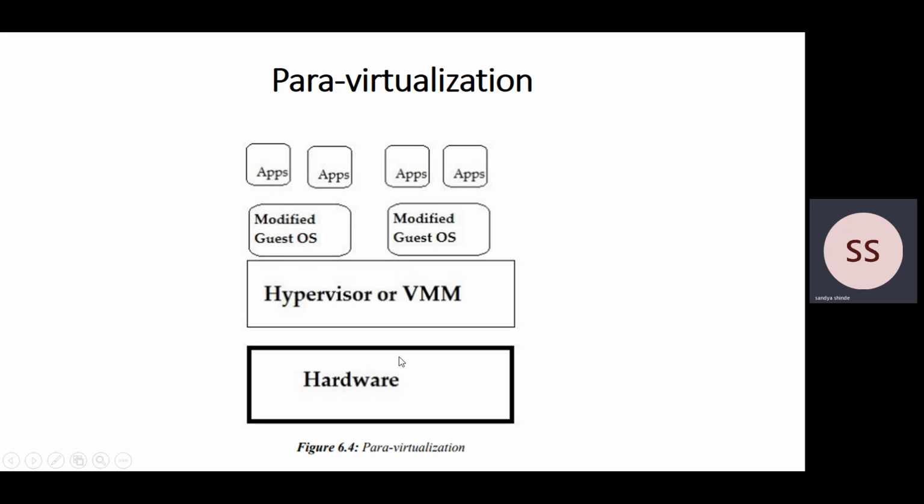Hence, the guest can directly communicate with the hypervisor. The need for modifying the guest operating system is to minimize the execution time required in performing those operations that are otherwise difficult to run in a virtual environment.